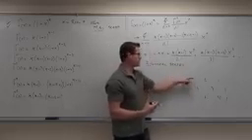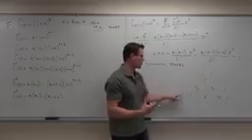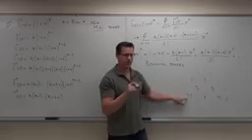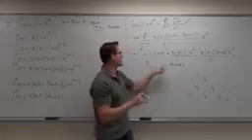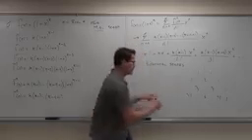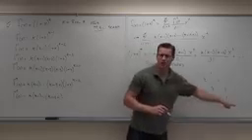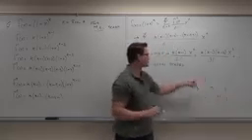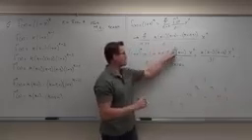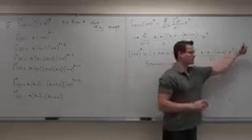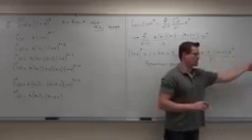It's going to be 1, 2, 1, or 1, 3, 3, 1. Whatever your power would be. That's kind of cool. So if you have a power of the 5th, it'd be 1, 5, 10, 10, 5, 1. That would be my binomial coefficients.